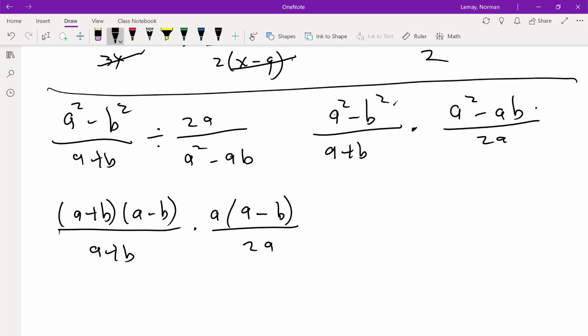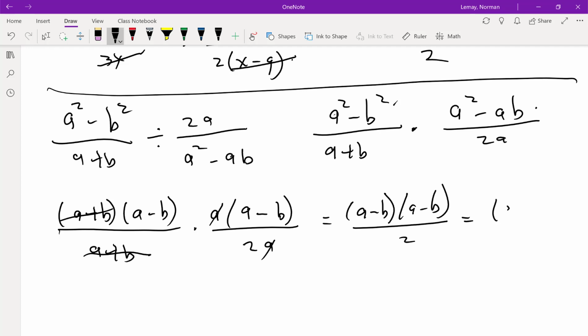So let's see, a plus b cancels with a plus b, this a cancels with this a, and that looks like about it, right? So we get a minus b, times a minus b, divided by 2, and the appropriate way to write this would be (a minus b) squared divided by 2.